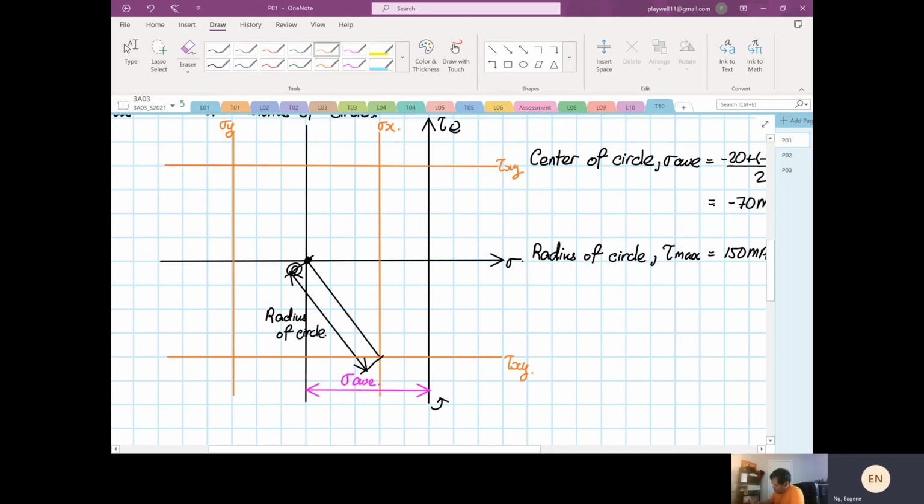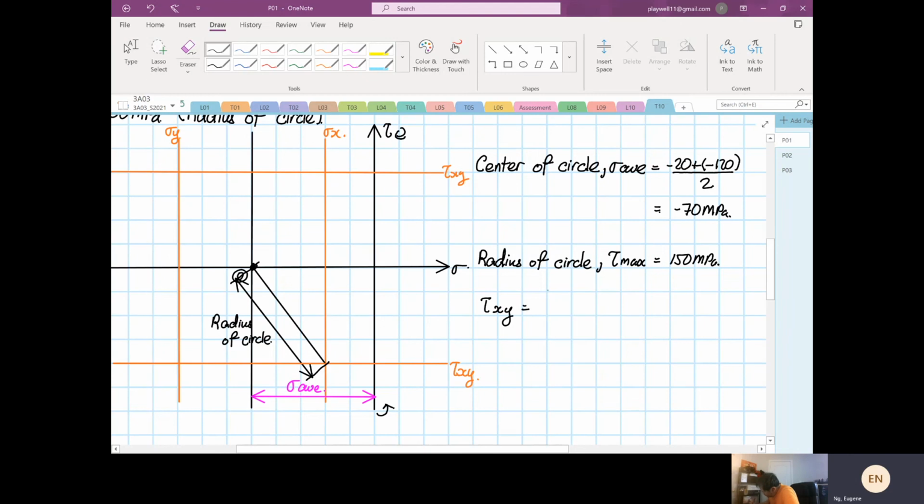So when that's the case, you find the shear XY will be equal to the square root of.